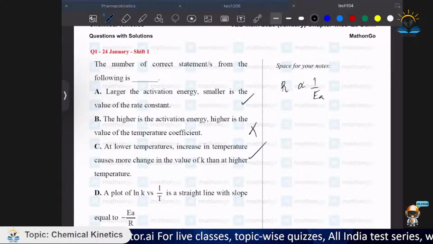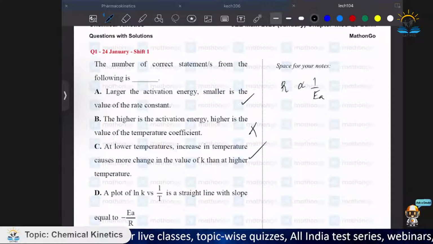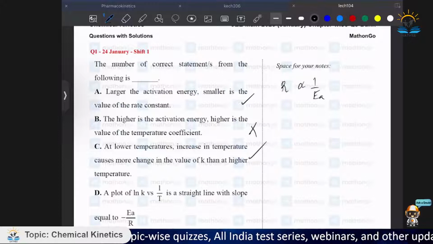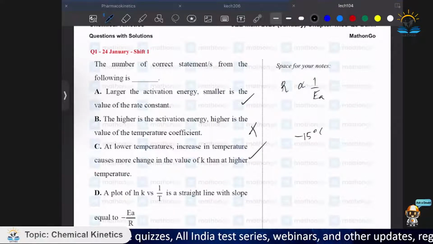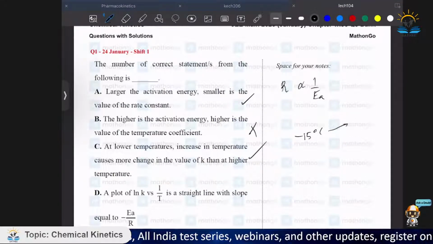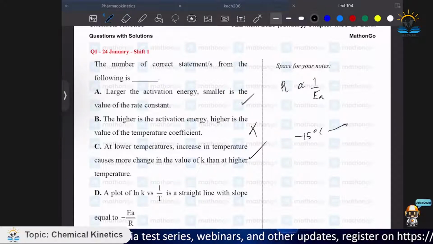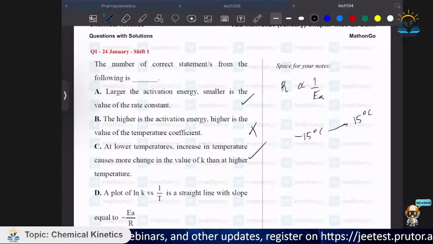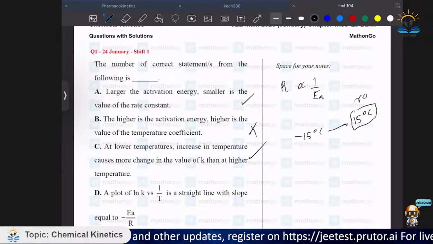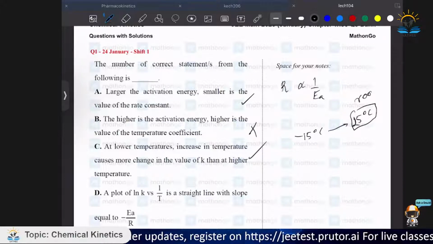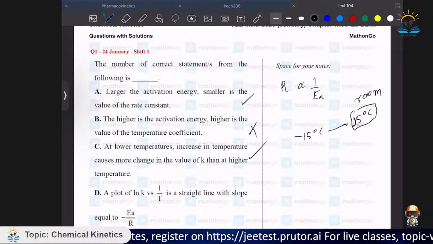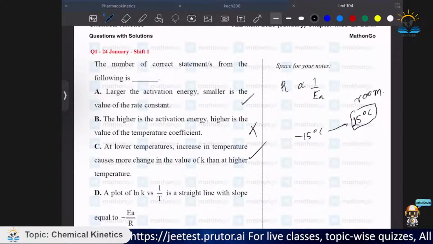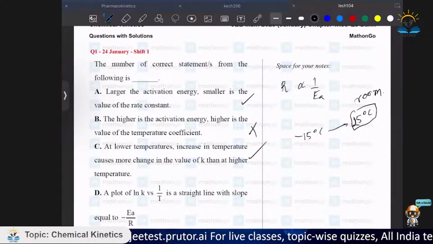Suppose a reaction is happening at minus 15 degrees Celsius, and you take it to room temperature, let's assume 25 degrees Celsius. It will occur so fast.